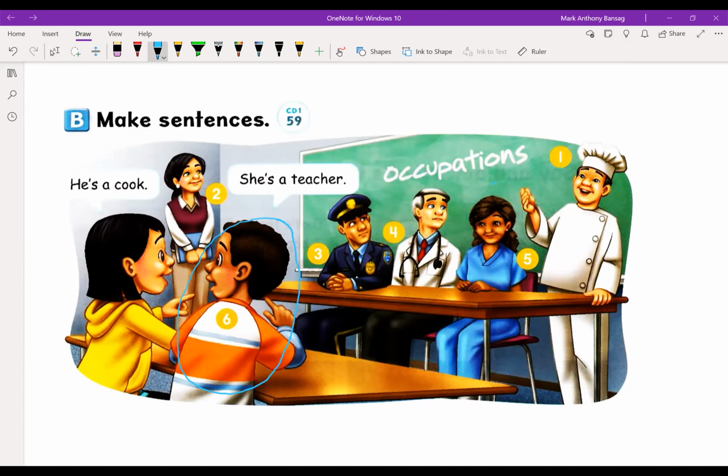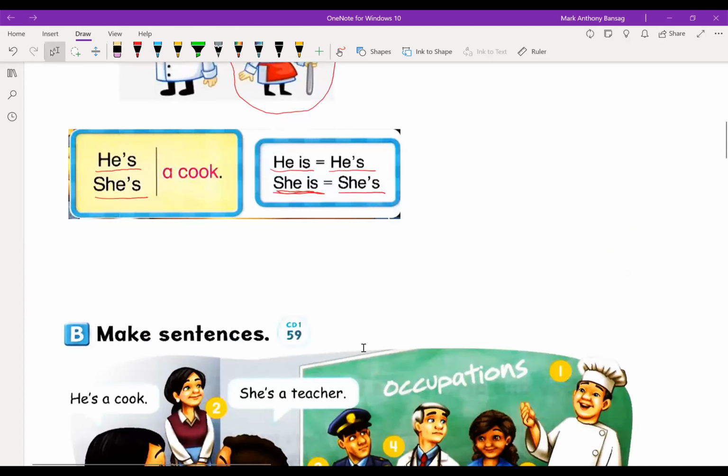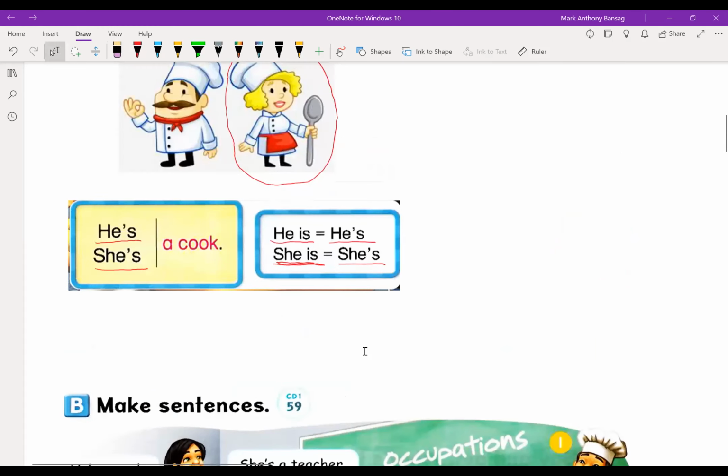He is a student. So that's how to make sentences. We're going to use he and she, right? So we can use he is, or he's, she is, or she's.